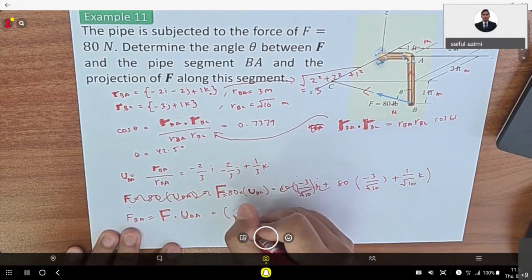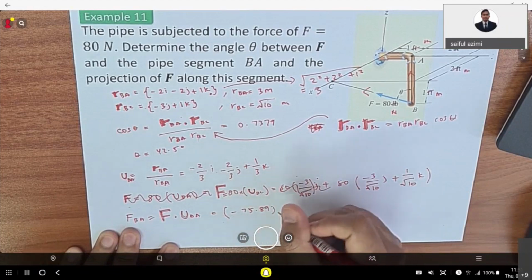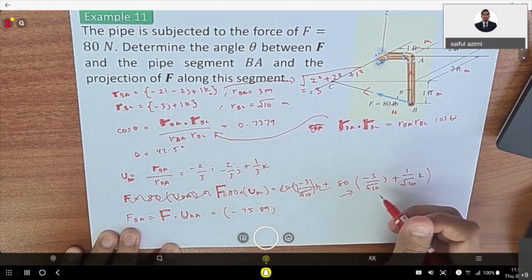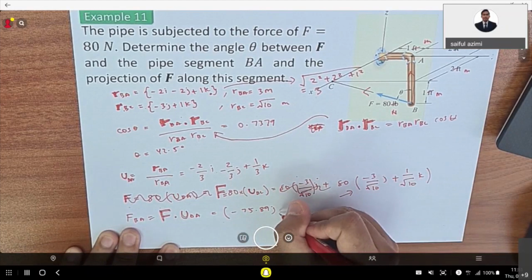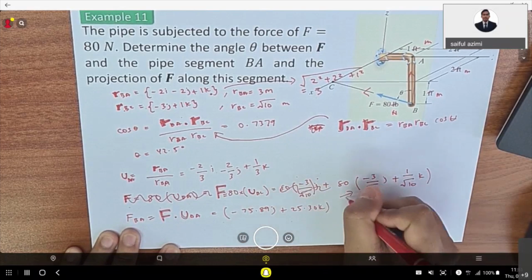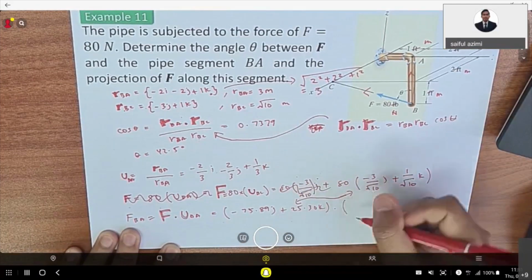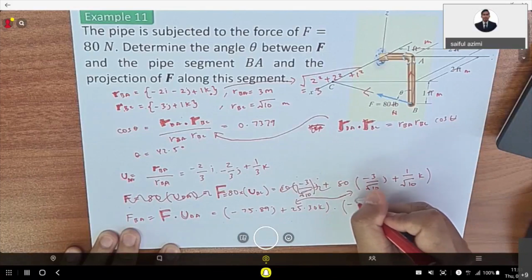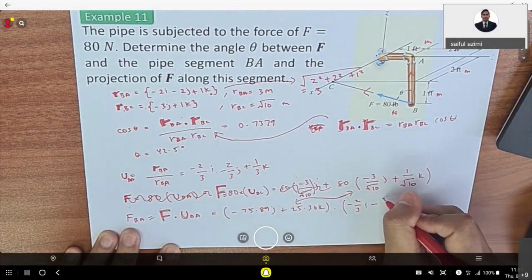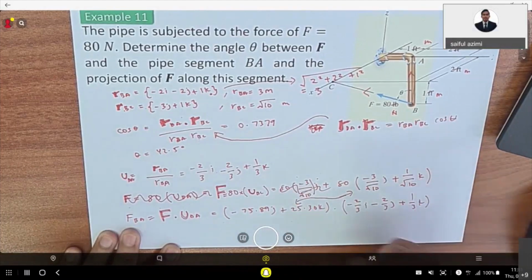You already have here negative 75.89 j plus 25.30 k, dotted with negative 2 over 3 i, minus 2 over 3 j, plus 1 over 3 k.